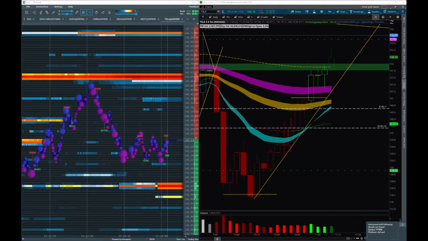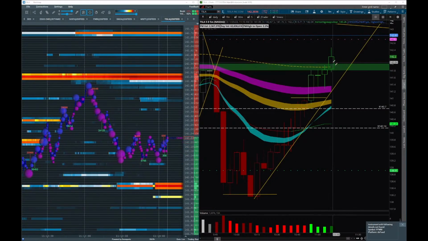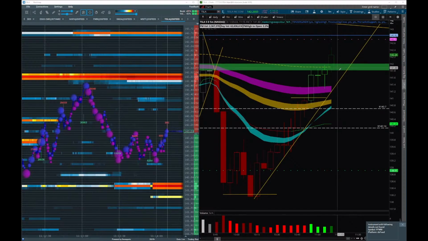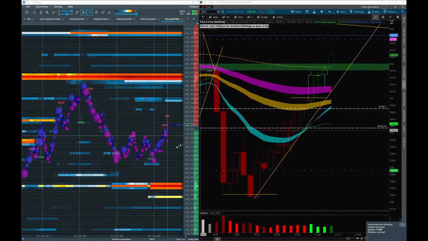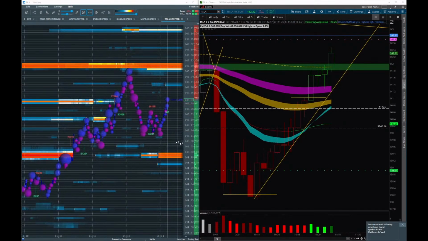Back down to the 142. I've been only looking to long over here with some consolidation into the 142 area.